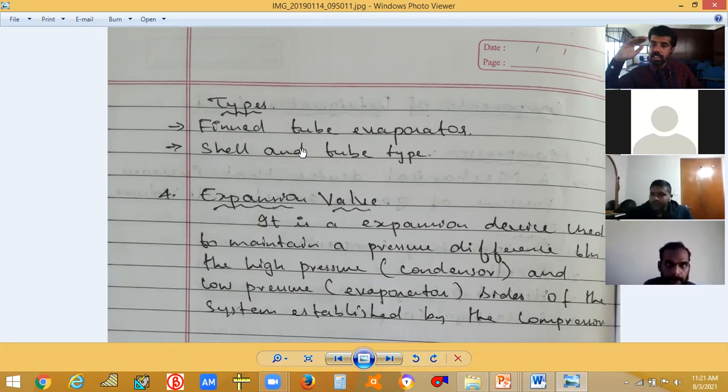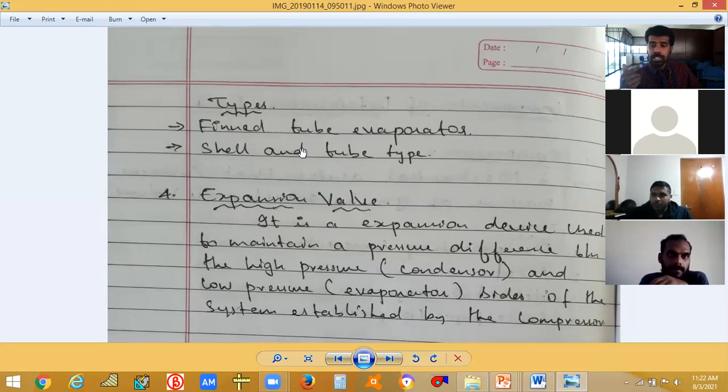Or when you open your car or see the grill of the car, you can see the radiators also. Small thin sheets will be fixed parallelly on some tubes. That is known as fins.